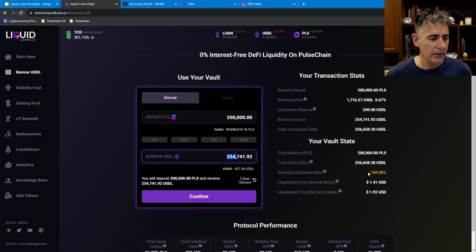Now that keeps us at 150% collateral ratio, which is way too risky for this strategy. Maybe over time, when we get as much liquidity as Ethereum, we can be a little bit more risky. But for now, that is just way too much risk.